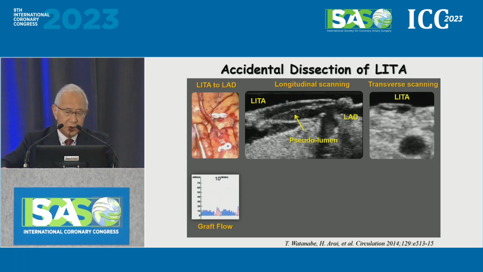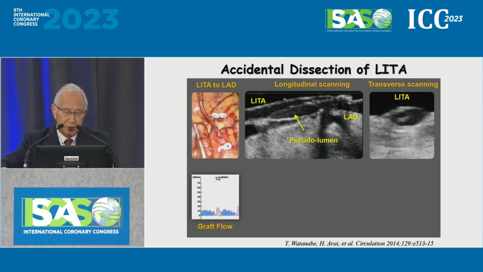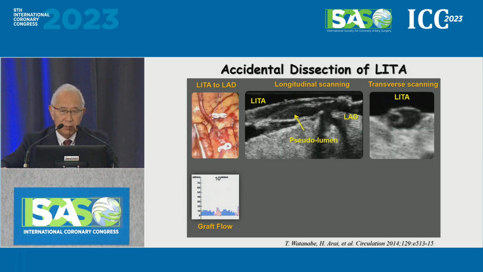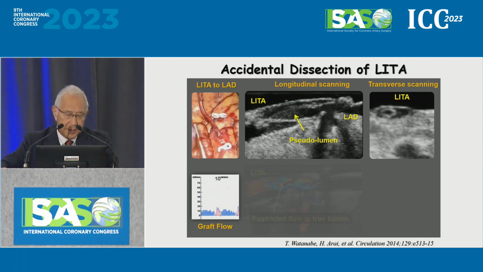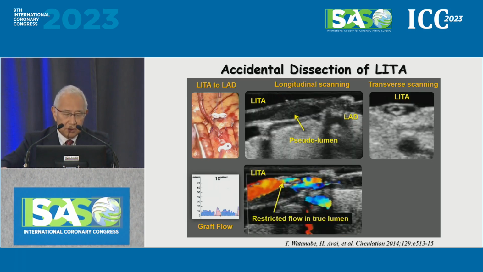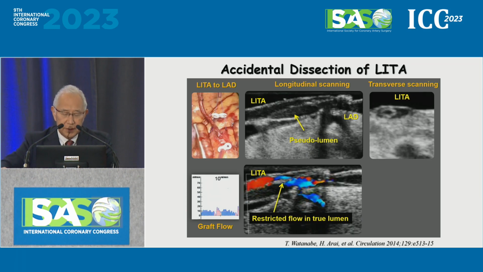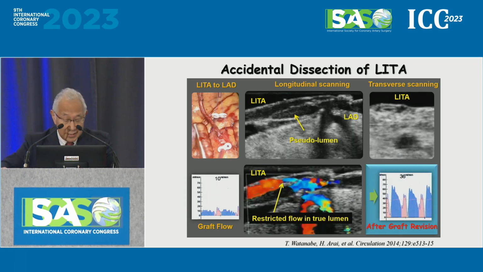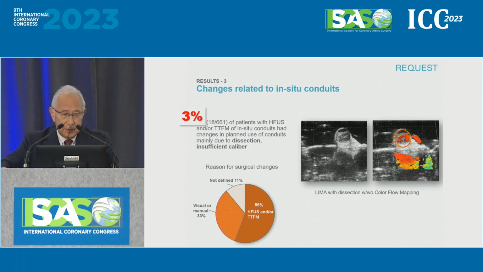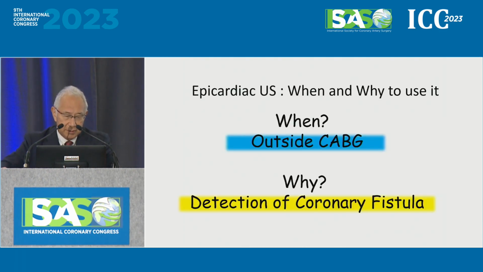You can clearly see it in the transverse scanning views, similar to an actual aortic dissection. This is a very typical picture, and also the restricted flow in the true lumen. After revision, it recovered very nicely. In-situ coronary changes happened in 3% of the cases according to the trials.